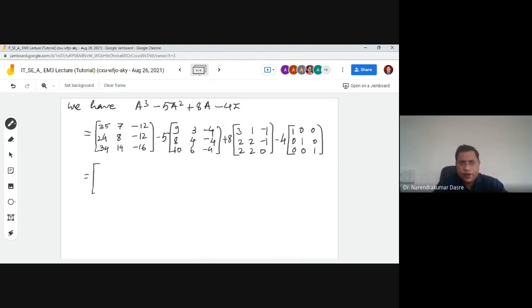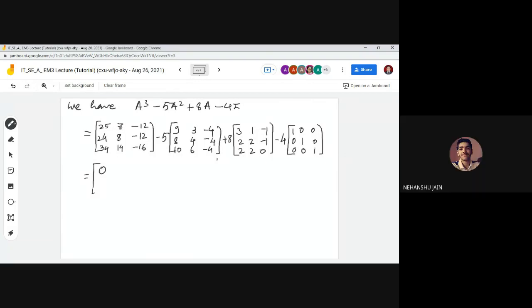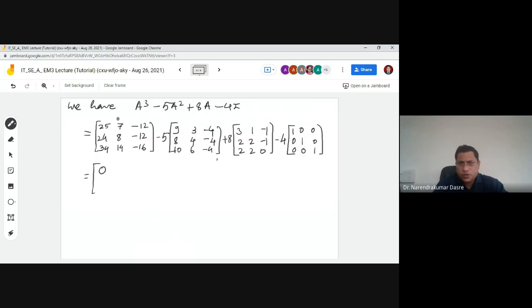So calculate 25 minus 45 plus 24 minus 4. How much do we have for this one? 0. Yes. Calculate the next number. So 7 minus 15 plus 8 plus 0.